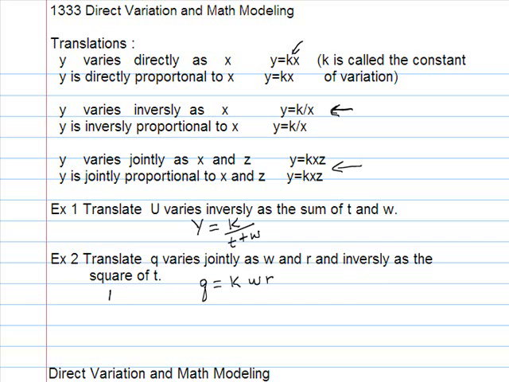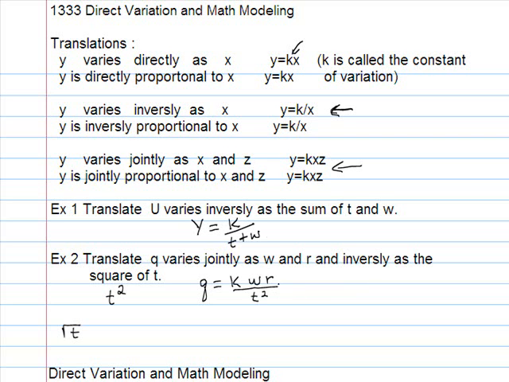Now the square of t would be t squared, as opposed to the square root of t, which would be written this way. So you kind of have to watch that. It's really easy when you're taking a test or something to get the square confused with the square root. So this is the square of t, so you're going to square t, and it's going to vary inversely as the square of t, so t squared is going to go on the bottom, and that would be your translation.